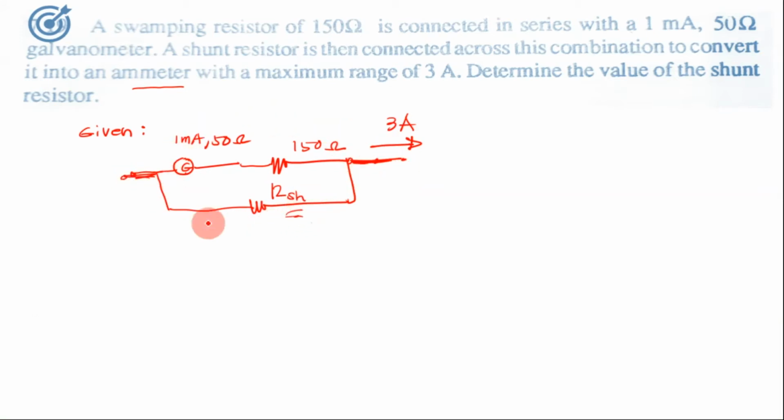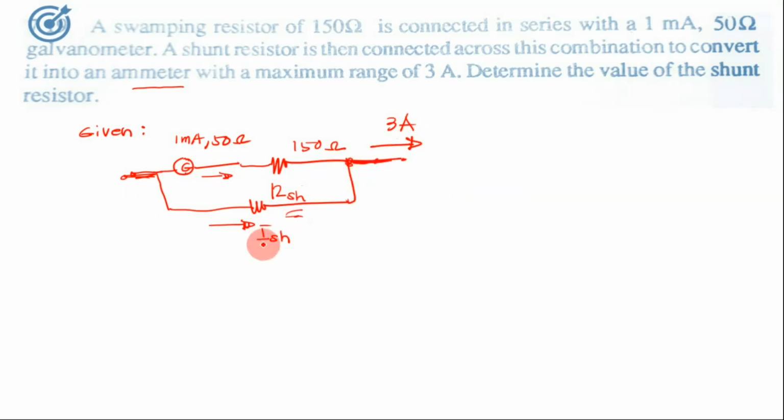You will notice that this is already a circuit. So how are you going to solve for this? Simply, we get the current here. Let us name it I shunt. The current at this branch is given by the galvanometer rating, 1 milliampere. They converge here and produce 3 amperes.